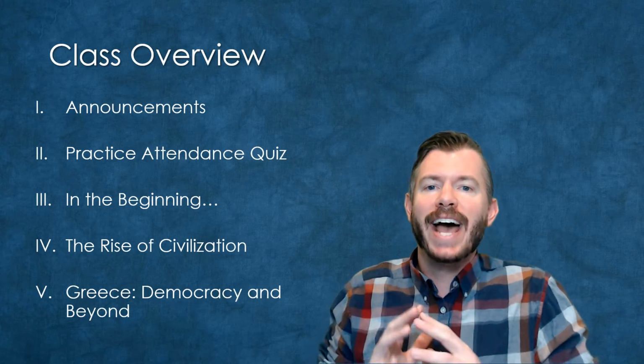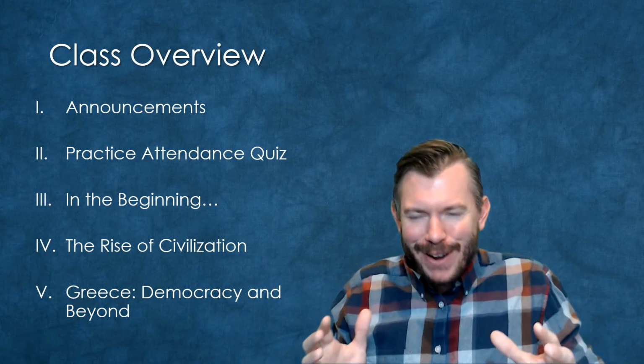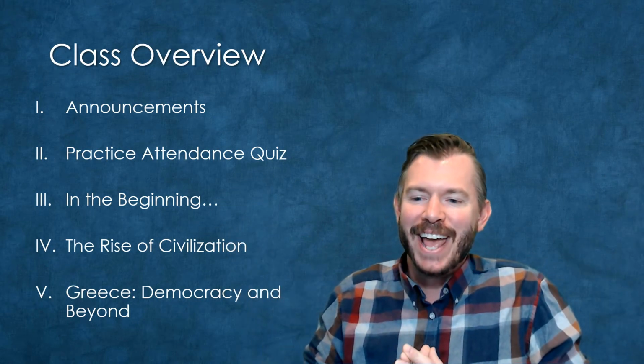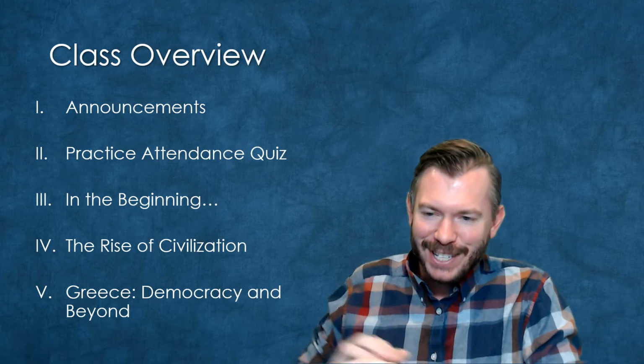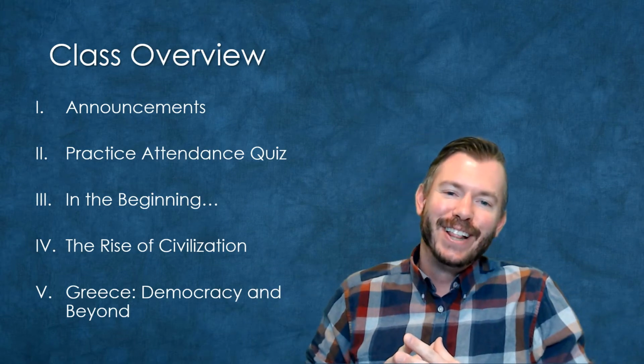And then we're going to break down all of not just Greek history and not just world history, but all of universal history into three components today. We're going to do the beginning, which takes us from the dawn of the universe all the way up to the Neolithic Revolution.